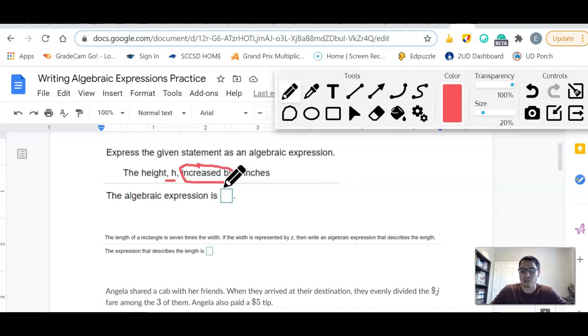Increased by is going to be addition, and we're increasing it by 4. So the algebraic expression for this word problem is h plus 4.